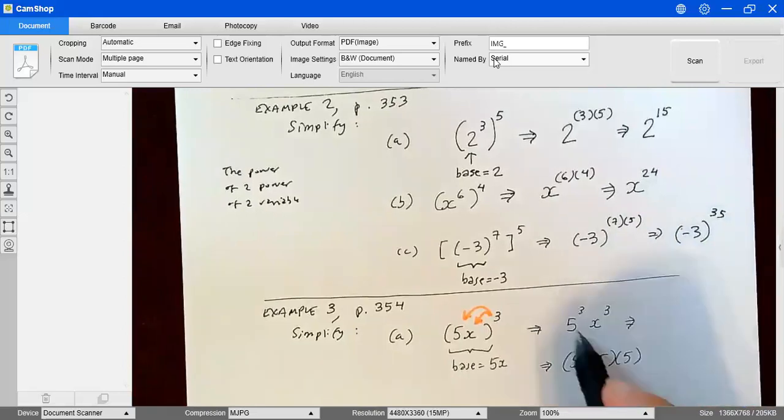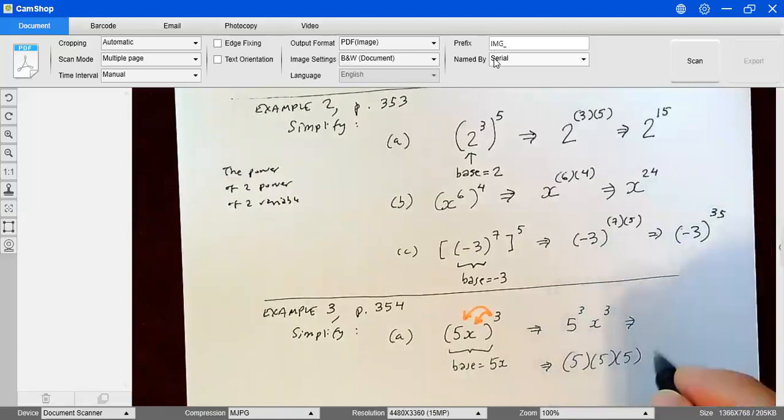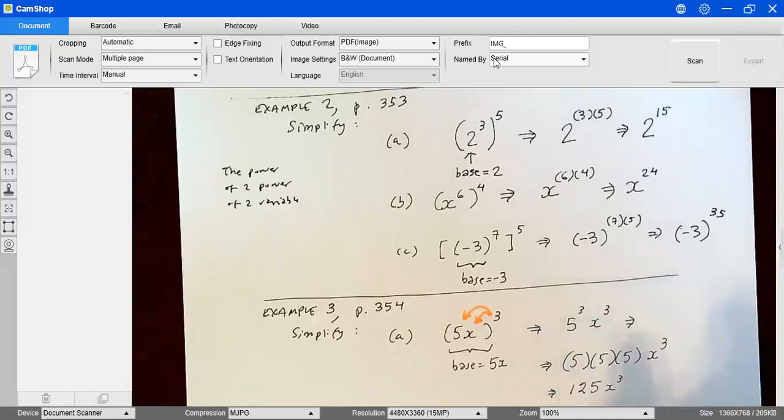That's the definition of an exponential expression: the base is multiplied by itself the number of times indicated by the exponent. The variable remains. Only when you have numbers raised to a power do you need to simplify. So 5 times 5 times 5 is 125, giving 125x cubed.